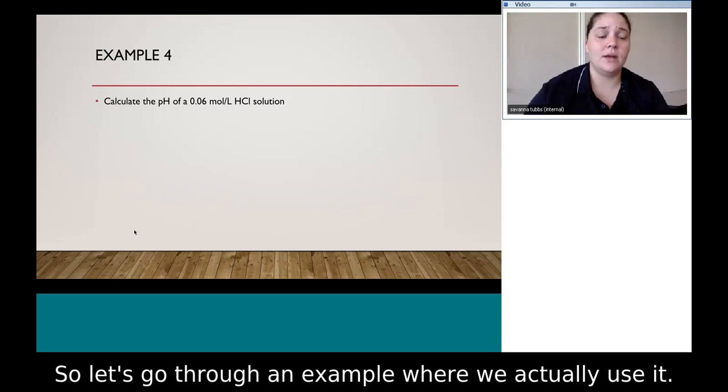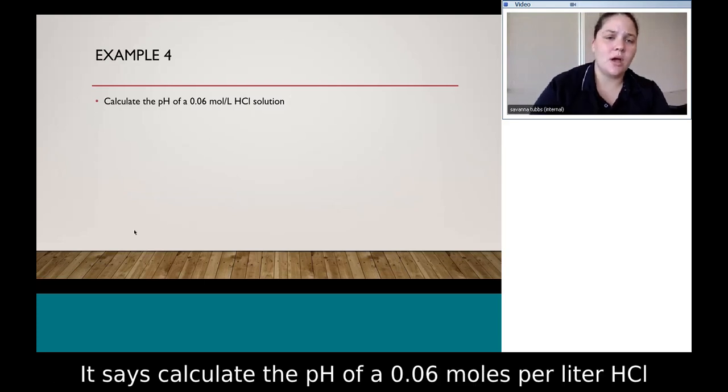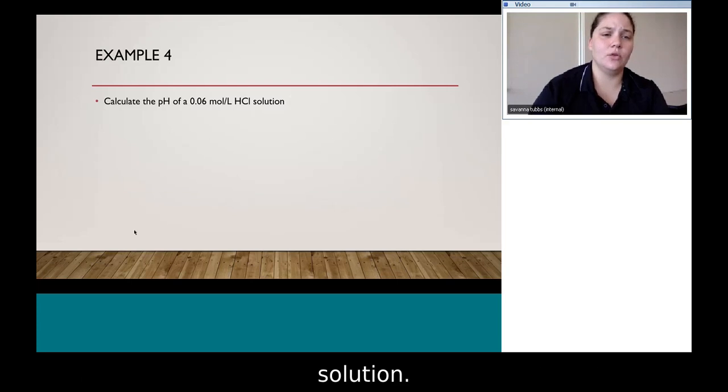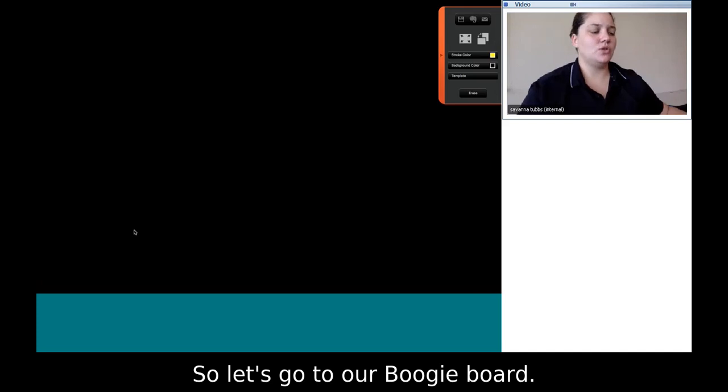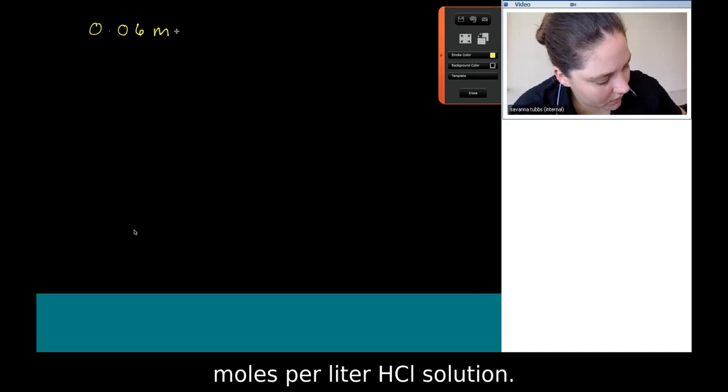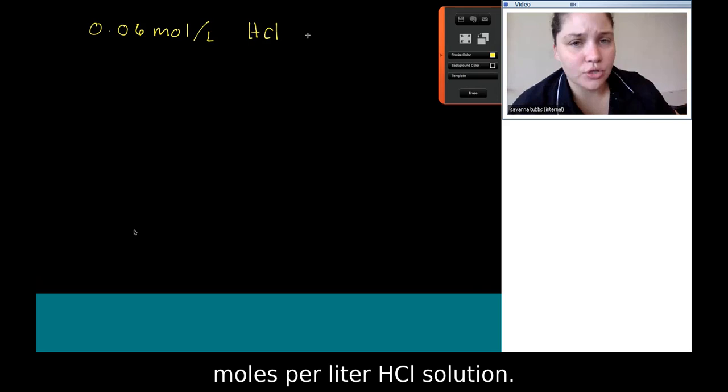So let's go through an example where we actually use it. It says calculate the pH of a 0.06 moles per liter HCl solution. So let's go to our boogie board. So we want to know the pH of a 0.06 moles per liter HCl solution.